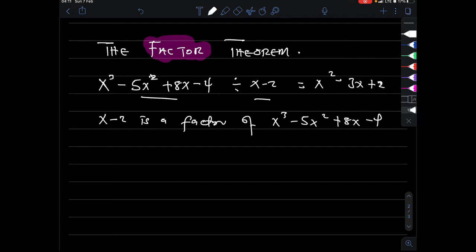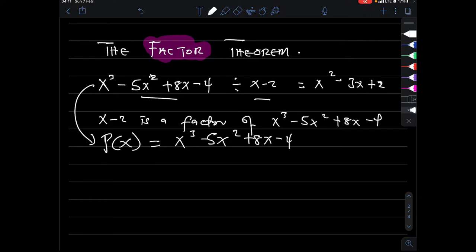So if it is a factor, then that also means that if I define this polynomial as p of x, equal to this, and we are arguing that x minus 2 is a factor of this polynomial, then p of 2 should be 0.